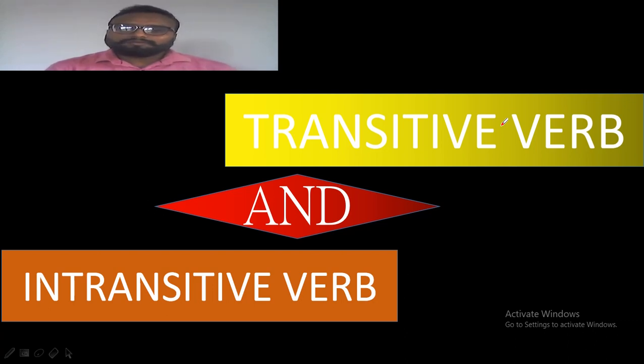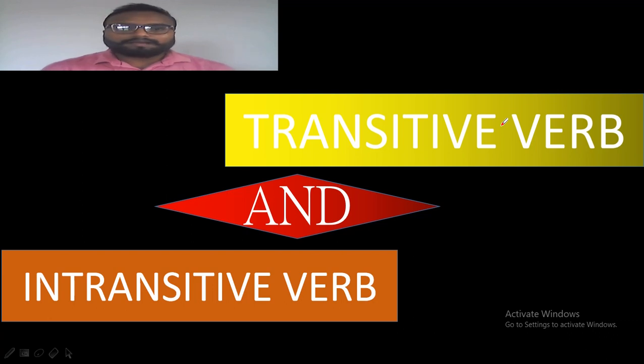When we combine these two terms, it means the action is being transferred. Every action has a certain effect, and that effect has to be transferred. Then it will be transferred to what?